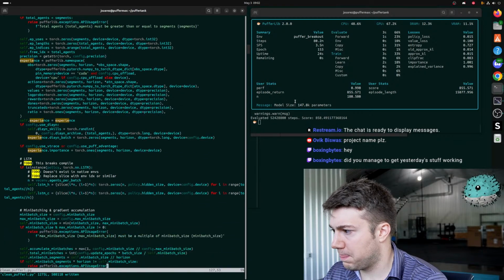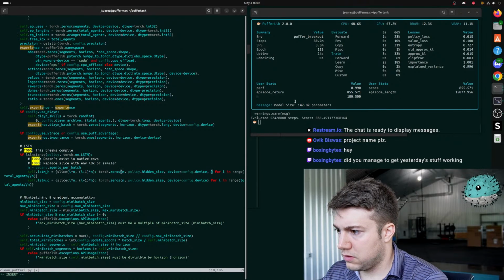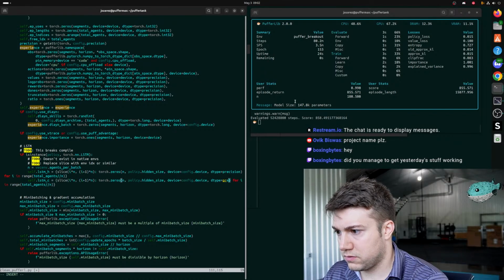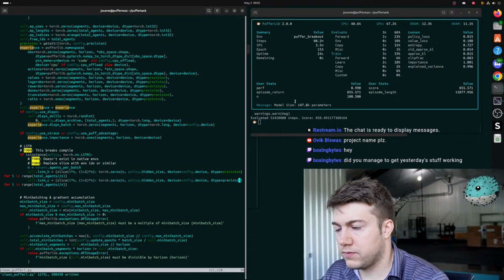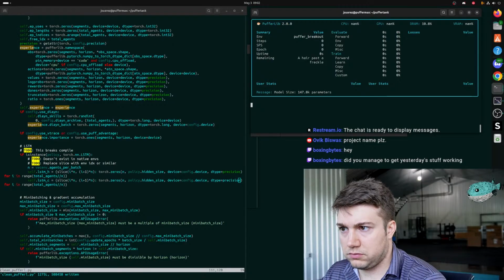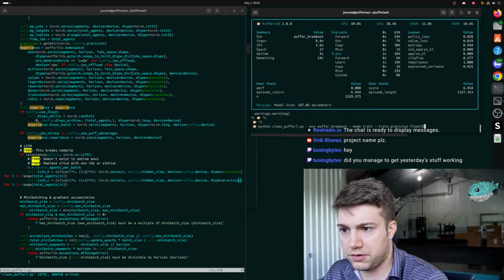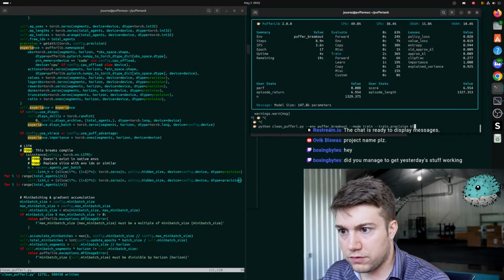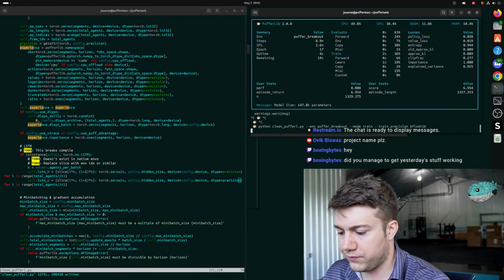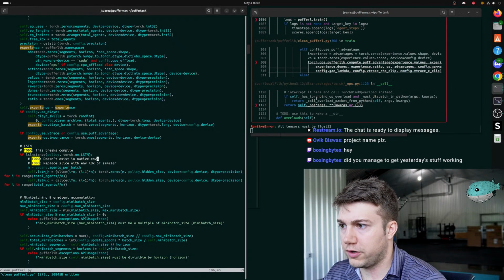Cool. See if this still runs. Okay, this still runs. It's nice and fast. Float 16. All tensors must be float 32. Lovely.